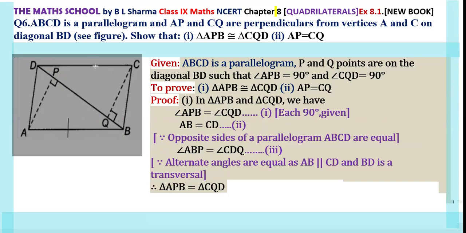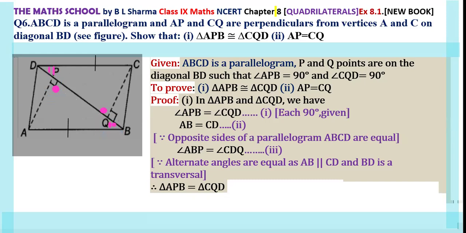This AB is equal to CD. That's 90 degrees, this 90 degrees. The two angles are alternate angles.